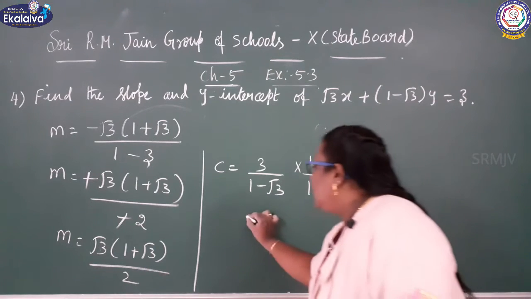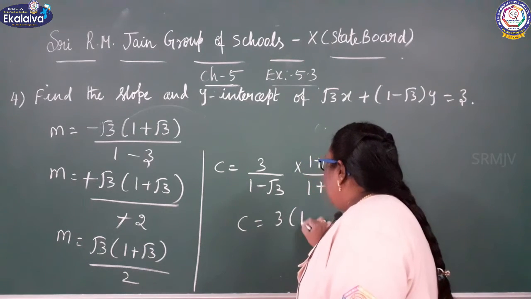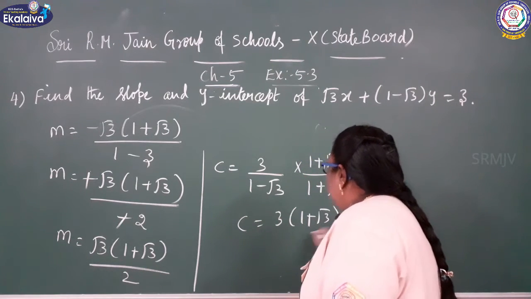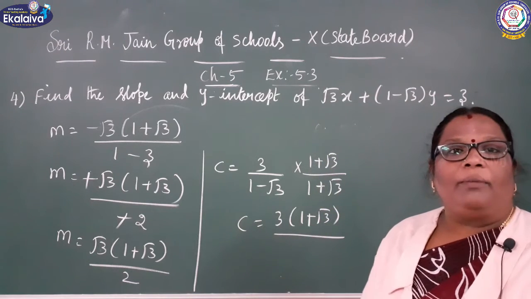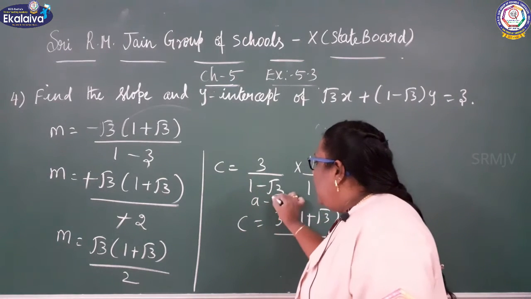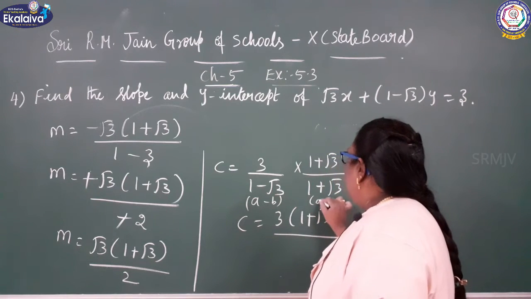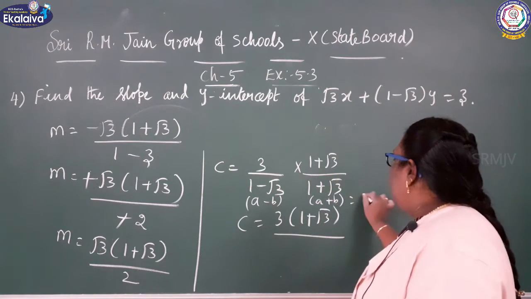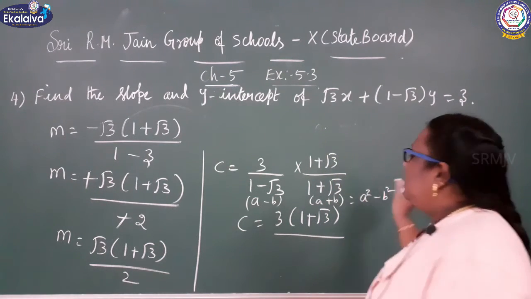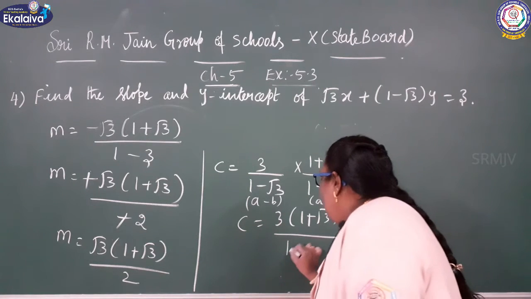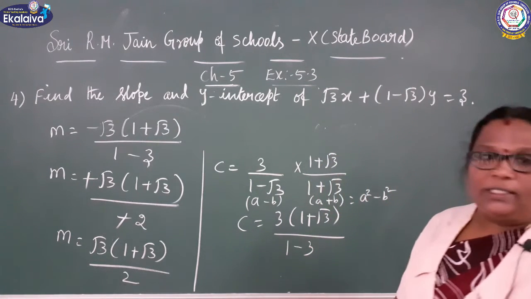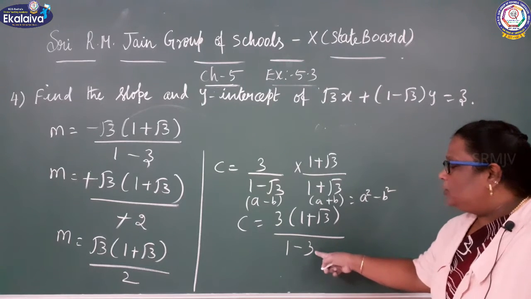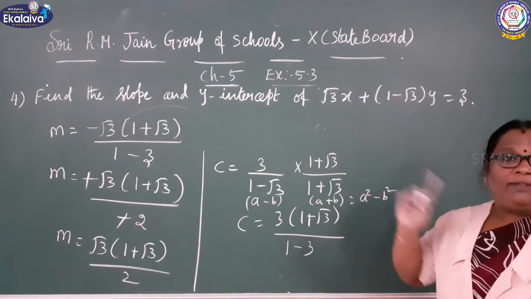So c equal to 3 into 1 plus root 3 by, the same way, a minus b into a plus b equal to a square minus b square. 1 minus 3, that is 1 square, root 3 the whole square is 3, as we already saw for m.